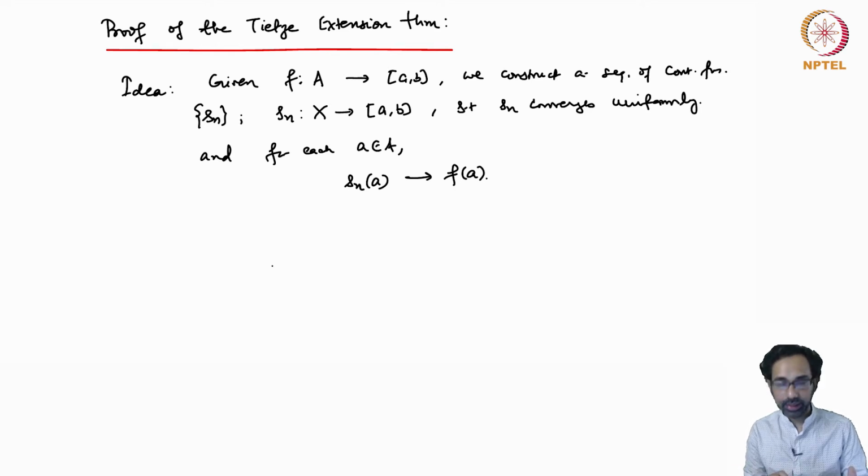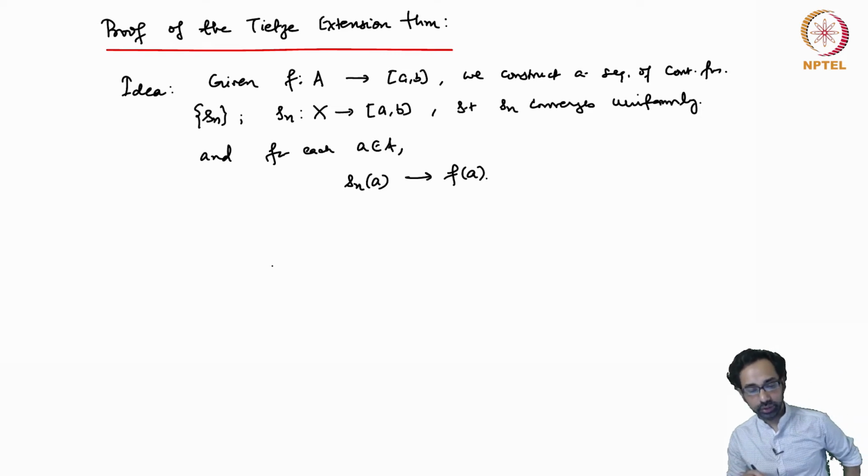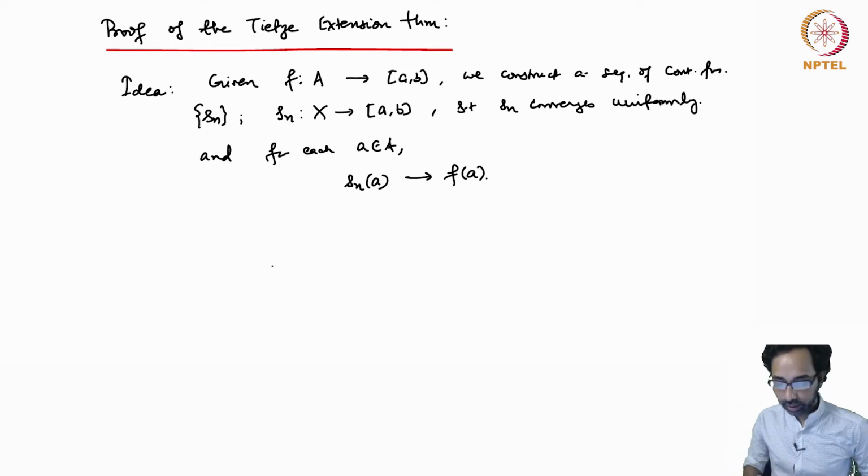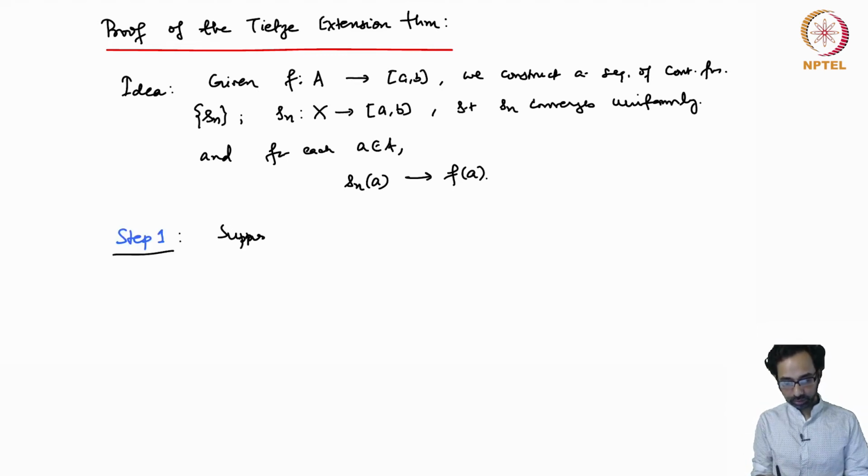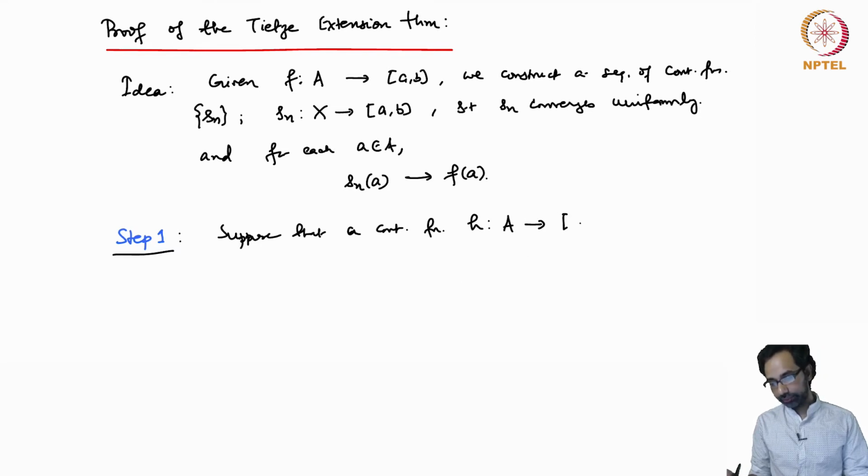So it has again a kind of a recursive definition of a proof, and we will take it step by step. So in the first step, we suppose that a continuous function h from A to a particular type of interval, which is of the form [-r, r], is given.